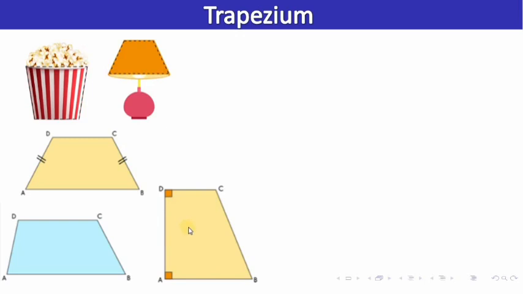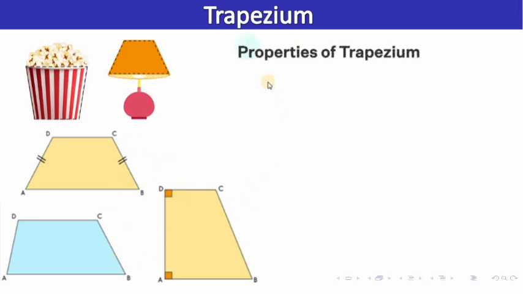I hope this is clear to you. Generally you see this kind of shape in a swimming pool. If this is one end and this is another end, then your floor will be slanted in a swimming pool, and this AD represents the surface of the water. So this kind of shape is generally seen in a swimming pool. I hope the shape of the trapezium is clear to you.